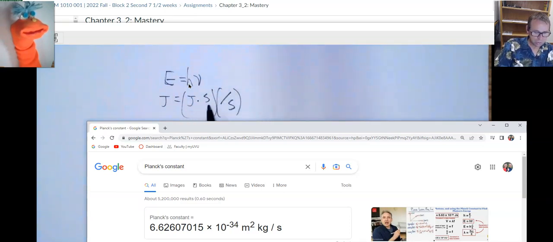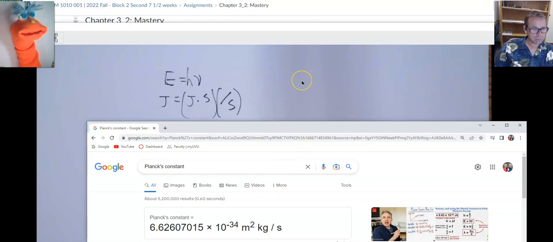So joule seconds, times by frequency, which is dividing by seconds, will leave us with just joules. So this unit here, meters squared kilograms per second, is the same as joule seconds. We won't get into how it relates to this, but Planck's constant is in units of joule seconds.